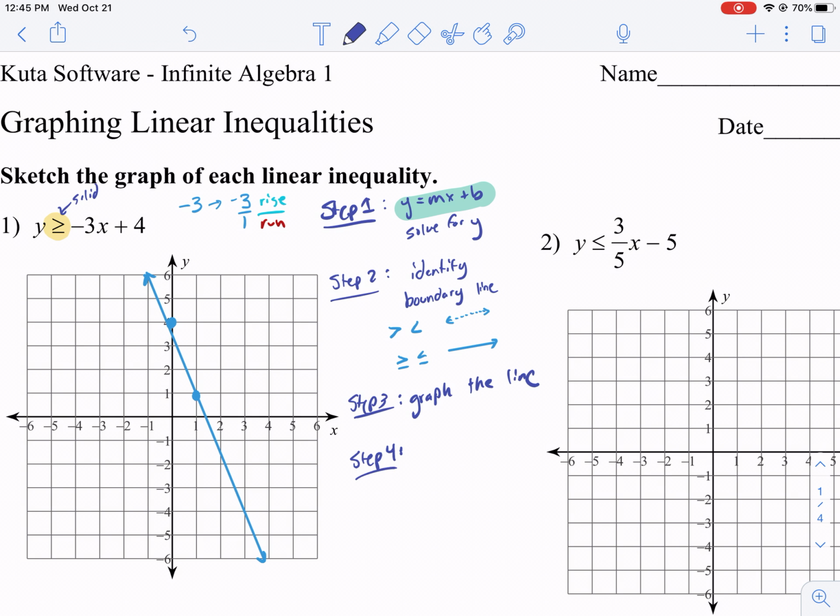Well, we need to evaluate if it's y greater than, or y greater than or equal to, or if it's y less than or y less than or equal to. If it's y greater than, we will shade above the line. And if it's y is less than or y is less than or equal to, we will shade below the line.